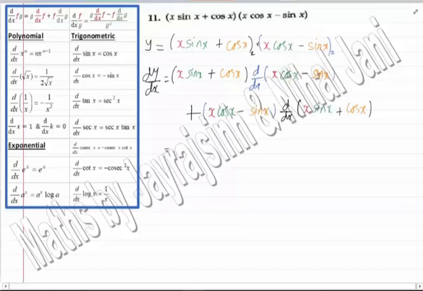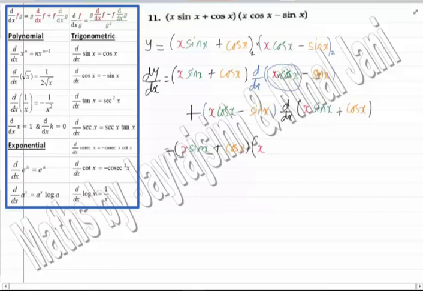Okay, let's do this again. X sin x, first bracket plus cos x is as it is. Let's differentiate this second bracket. Now in second bracket we have x into cos x. So to differentiate this term, we again have to apply the multiplication rule.